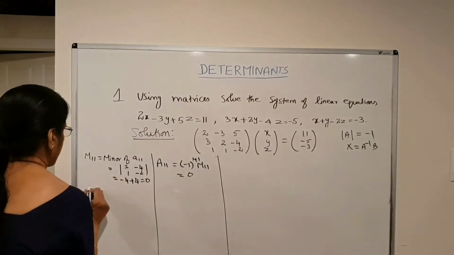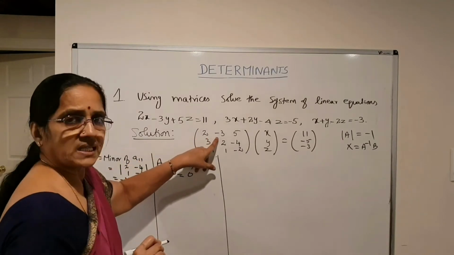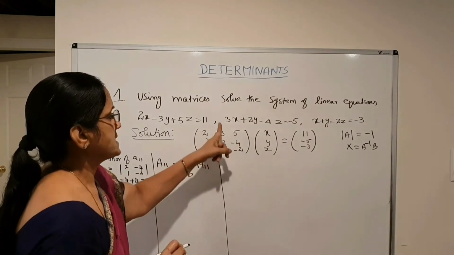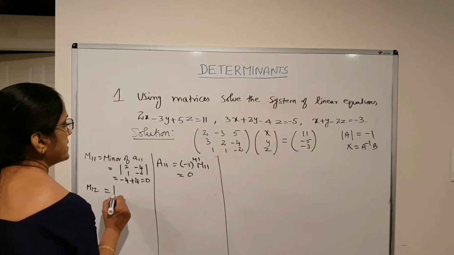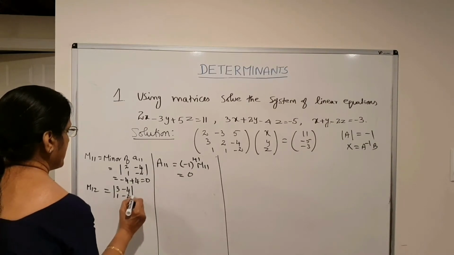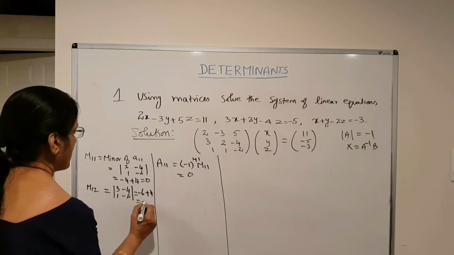The second, M12, which is minor of the element A12, which is minus 3 over here, leaving the first row and the second column. It is the value of the determinant 3, minus 4, 1, minus 2, which is minus 6 plus 4. It's going to be minus 2.